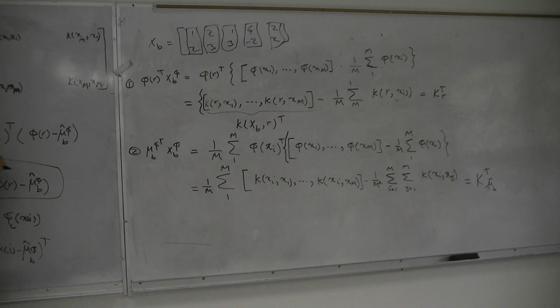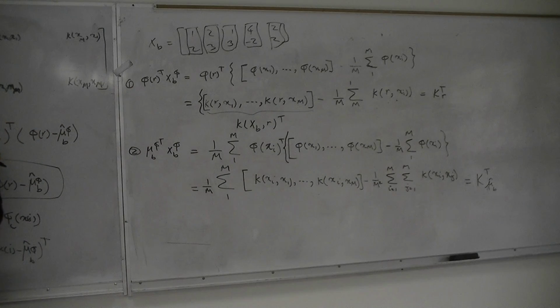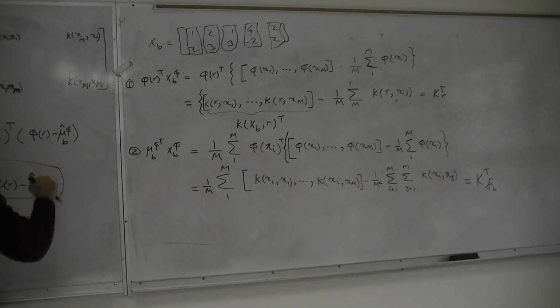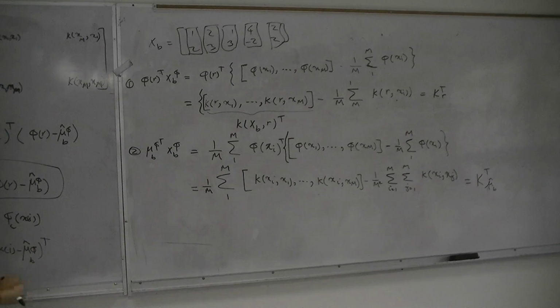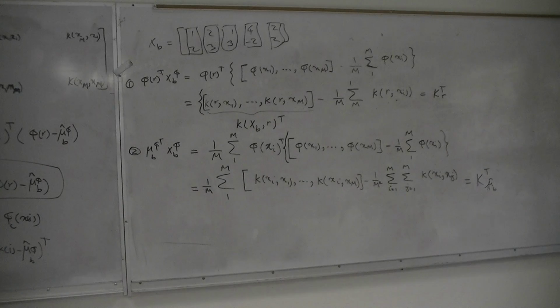Here we can, for example, same as this 1 and 2, use a kernel function for the dot product between this data and this term, and it will be changed to this. The first term is multiplied.